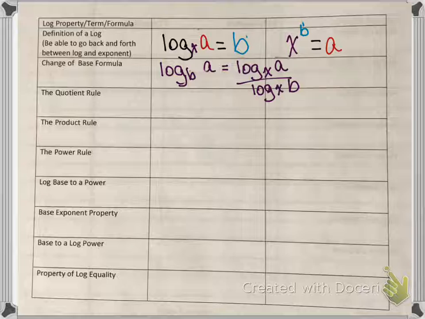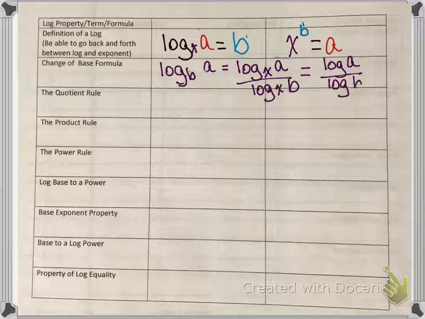I would always use base 10. So you can think of this as log A over log B, because when I don't have a base written down, it means base 10. So x can be base 10 because we use base 10 a lot.